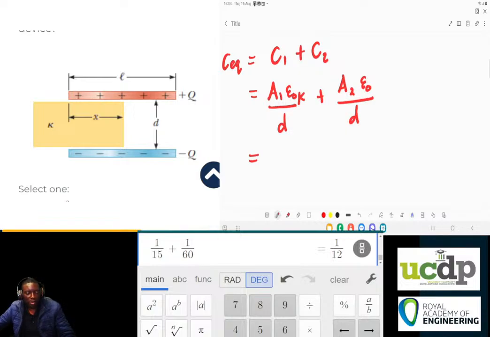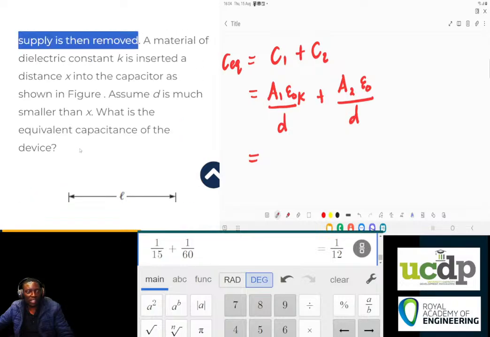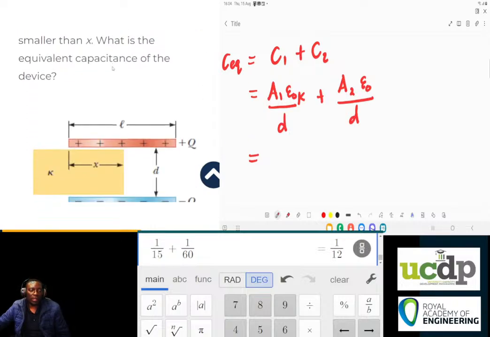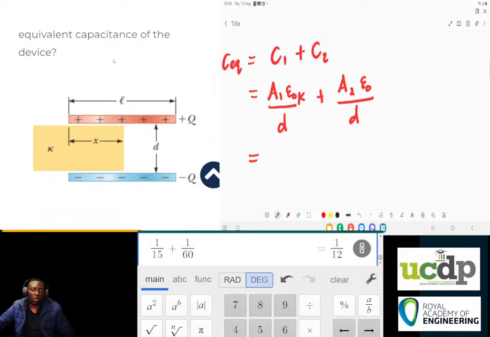So it has L on one side and L on the other side that we are facing right now. Two square metallic plates, so it's L by L for the whole surface area of the plate. So now the covered area is what we are asking. What is the covered area?